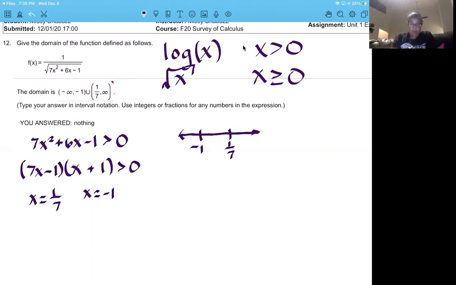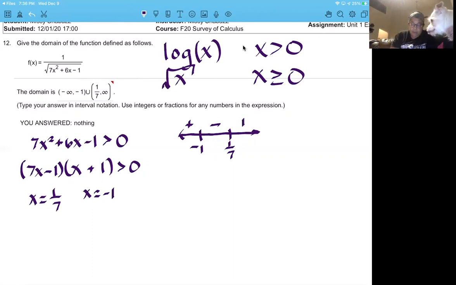So that is going to be, wait a minute, positive. If I plugged in 0, because that's a number between -1 and 1/7, I'm going to get a negative times a positive, so that would give me something negative. If I plugged in something bigger than 1/7, let's say 5, I would get something positive and something positive.